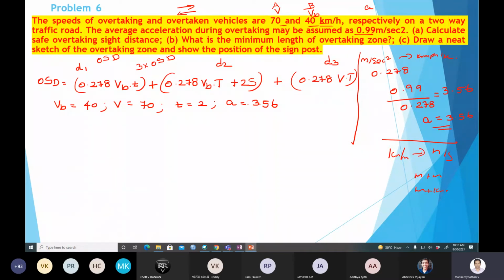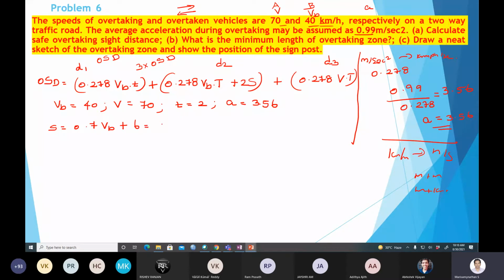Now we have to estimate the S value, as well as the capital T value. S is nothing but 0.7 into the speed of vehicle B plus 6.